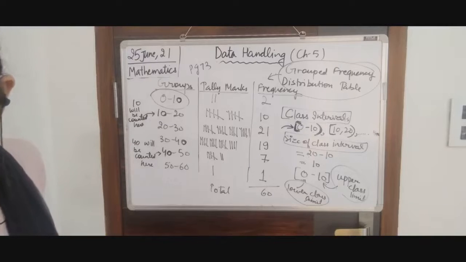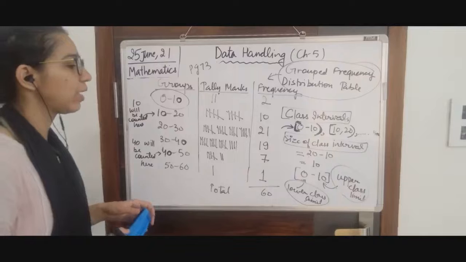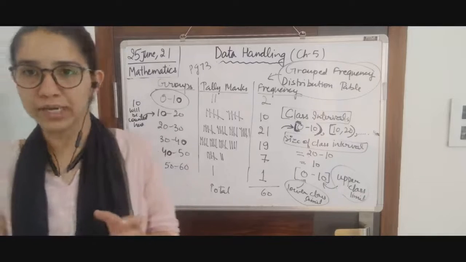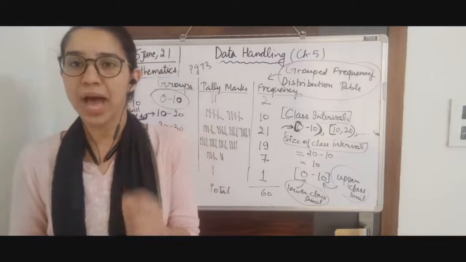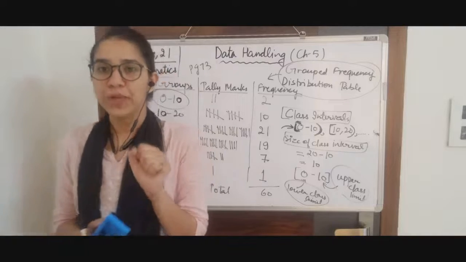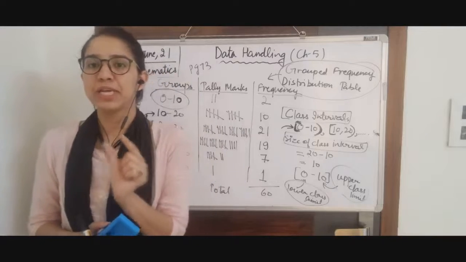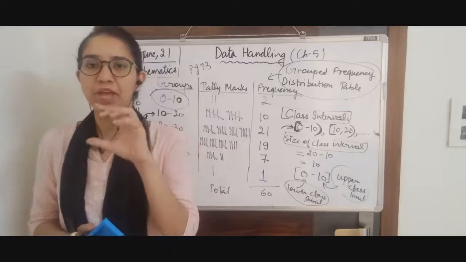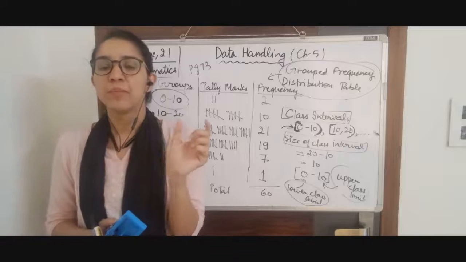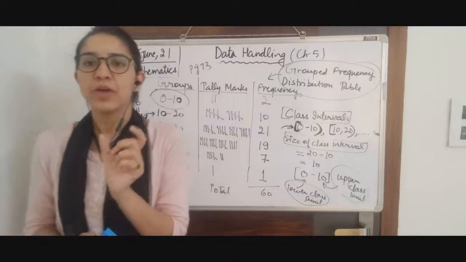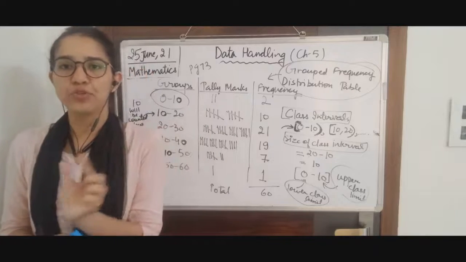If we have to represent this data, we will be using a histogram. A histogram is a bit similar to a bar graph but also a bit different, in the sense that in a bar graph we used to leave equal gaps between the bars. We have bars of equal width, but we leave equal gaps between two bars.